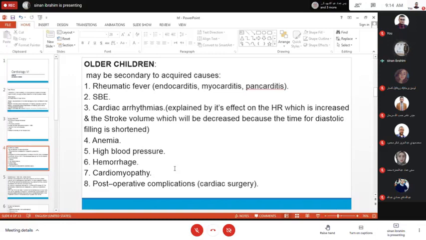weeks they develop severe shortness of breath, difficulty in feeding, tachypnea, tachycardia, and we do echo if we have a high index of suspicion, and by echo we see the patient will develop myocarditis and end with dilated cardiomyopathy.